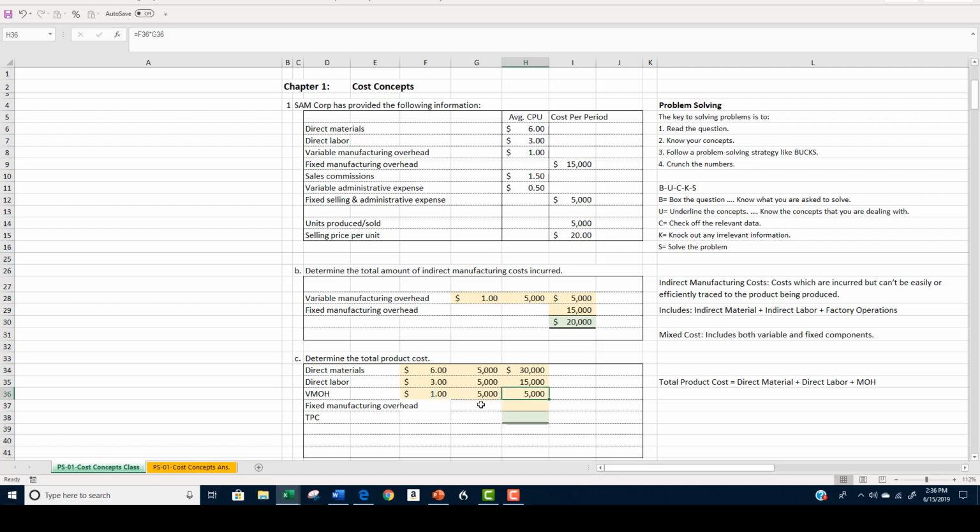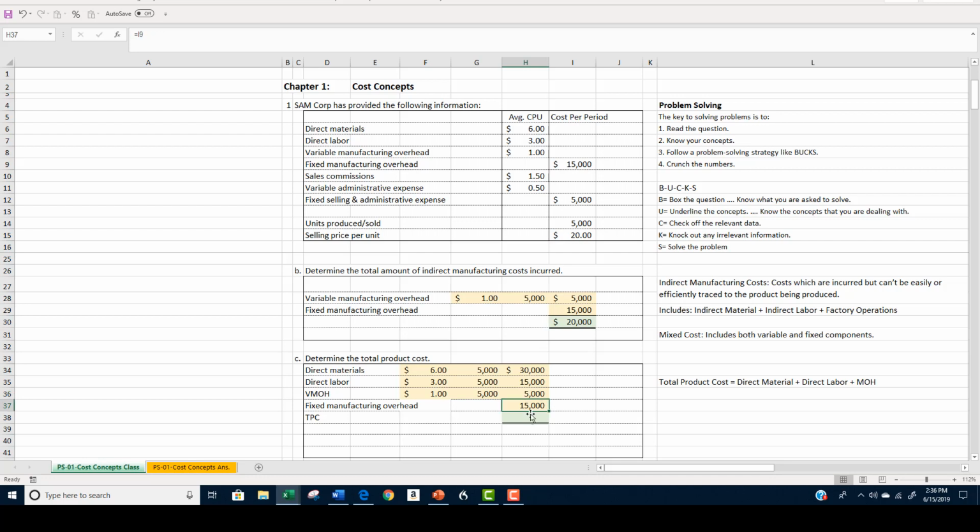Because manufacturing overhead is a mixed cost, it includes the variable portion of $1 times 5,000 units for $5,000, plus the fixed cost component of $15,000. All other data is irrelevant.